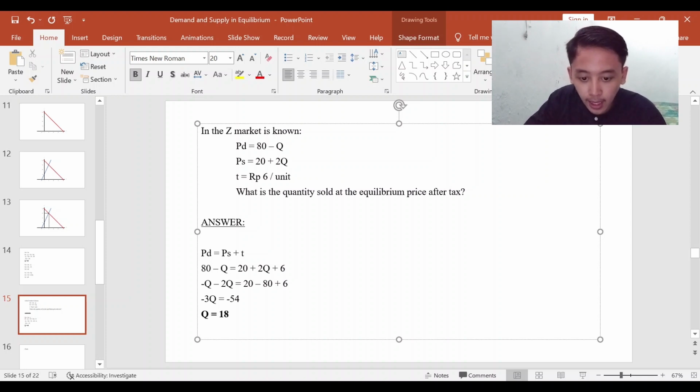So we can see that when there's a tax, the equilibrium quantity turns into 18.